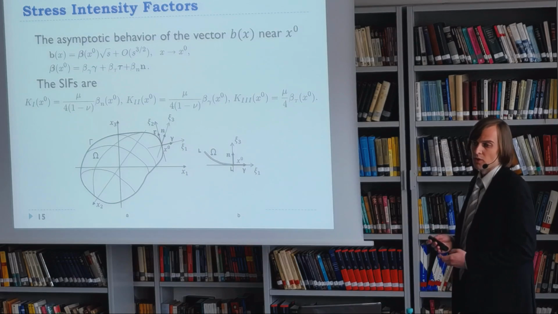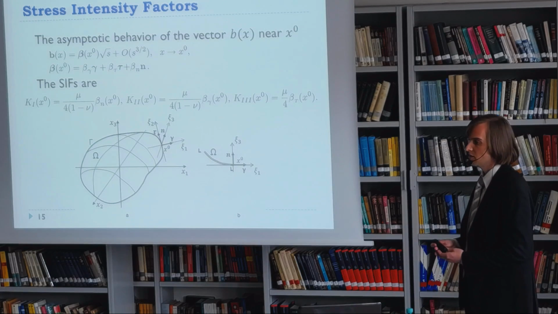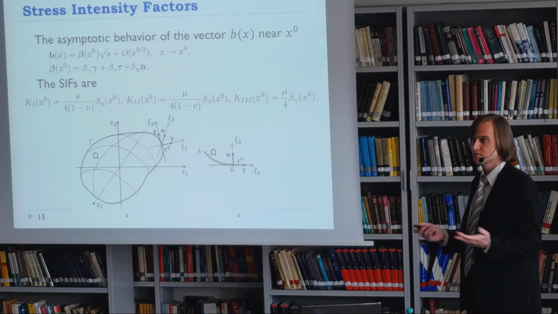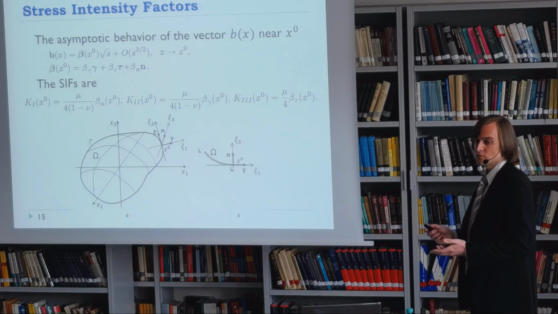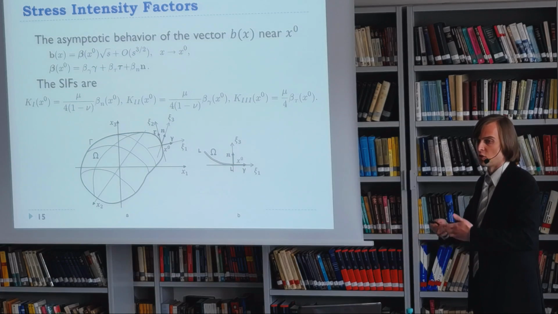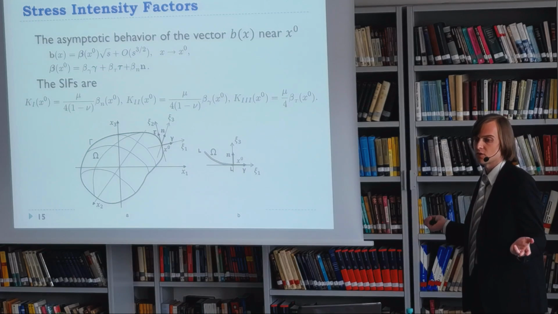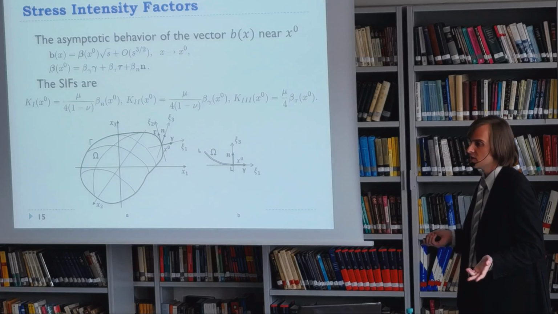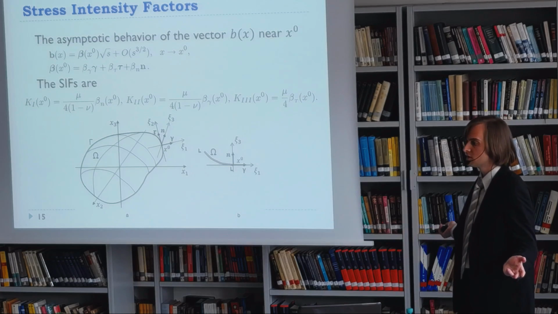We need to calculate one of the main numerical values that characterizes an opened crack, the stress intensity factor, which would, for example, define if a crack would propagate or not.